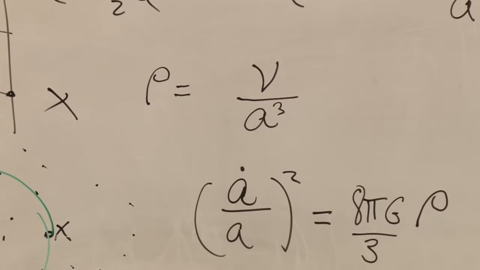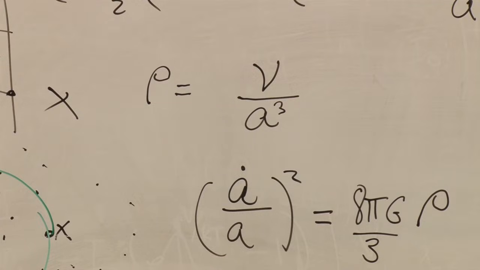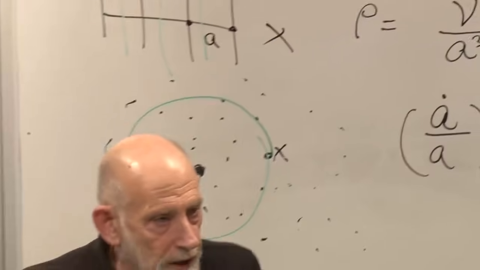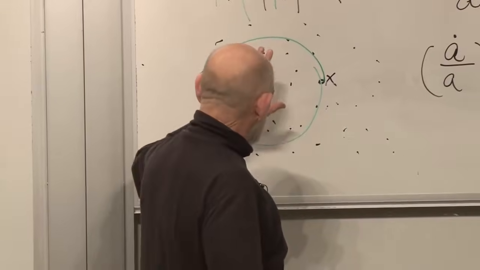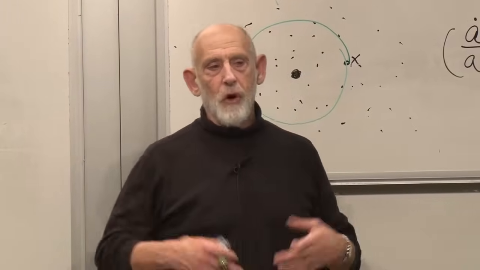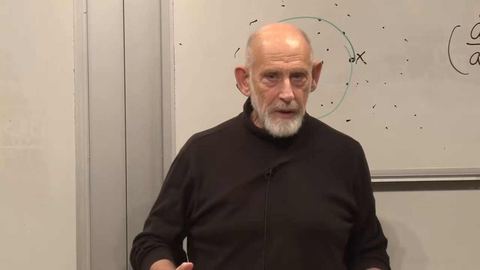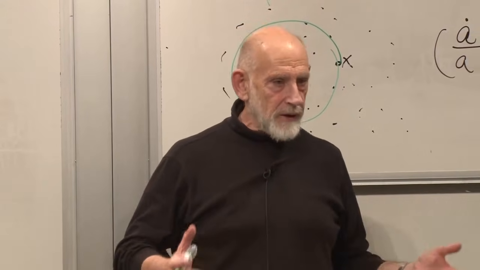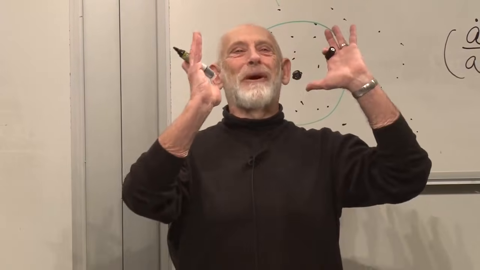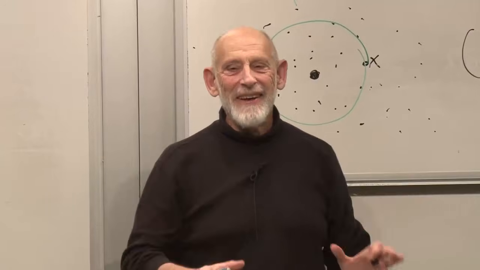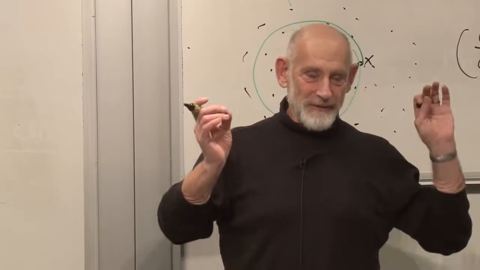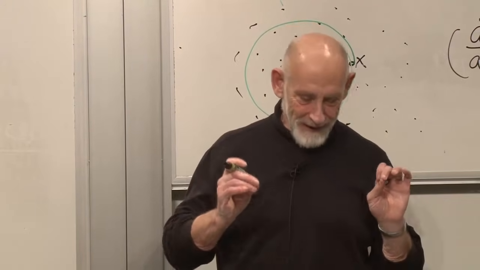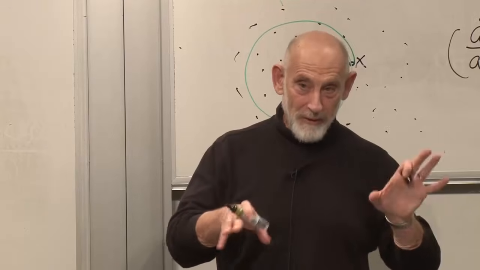Now, is rho constant with time? No, because a changes. But is nu constant with time? If nu just represents ordinary particles sitting in the universe which are never destroyed, never created, protons, let's forget whether the proton decays for the moment. Protons are forever, and galaxies are forever for a moment.